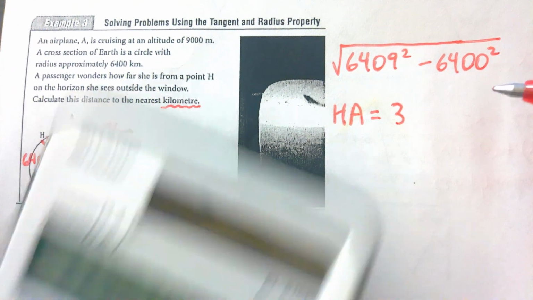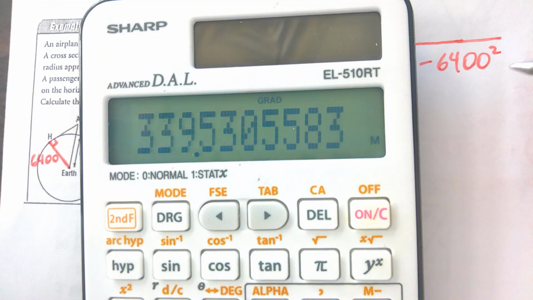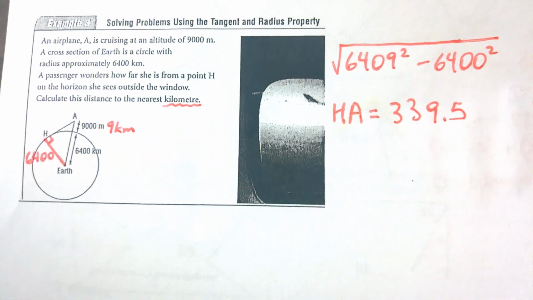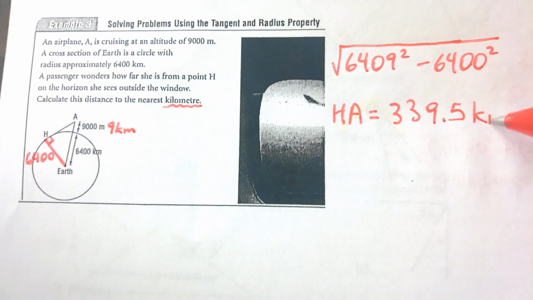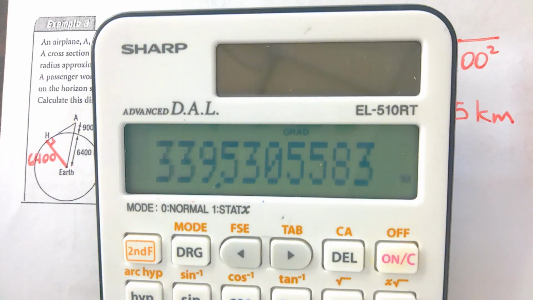What do I round this to? One decimal place. If it's one decimal place, it's going to be 339.5. What's my unit? Kilometers. If I say to round this to the nearest whole number, what would this be? 340, right?